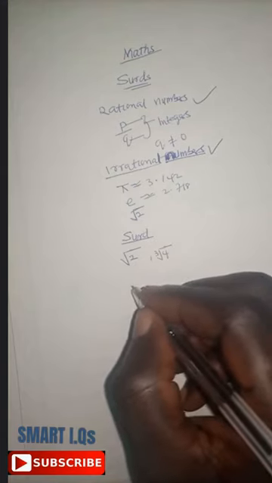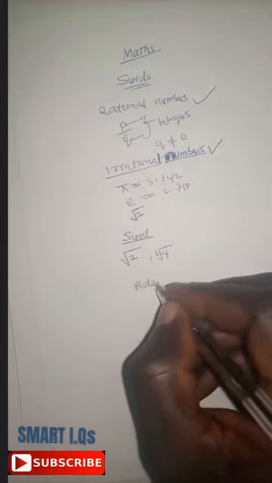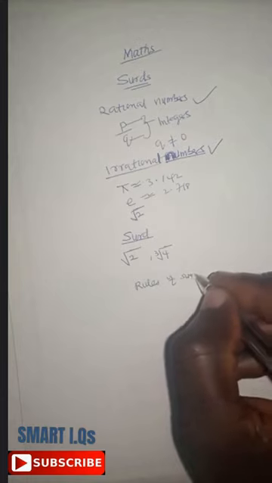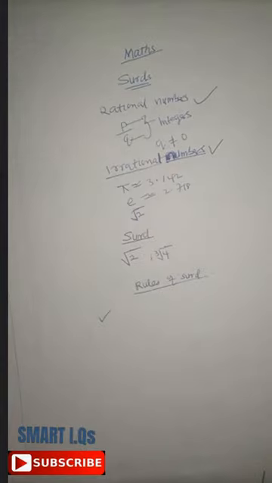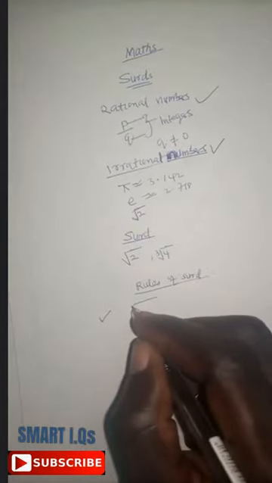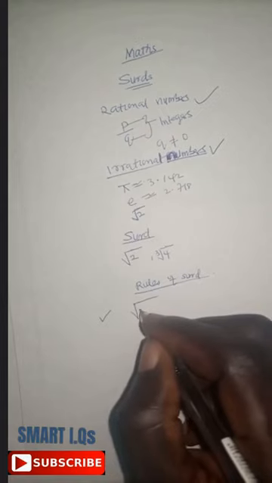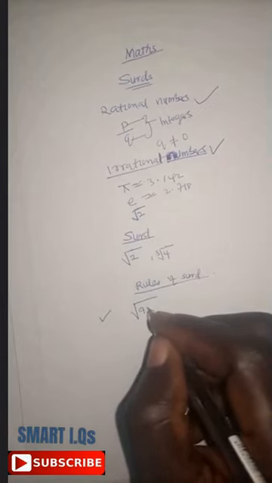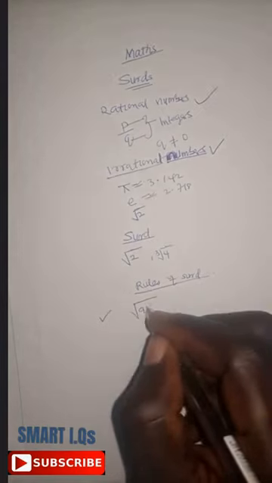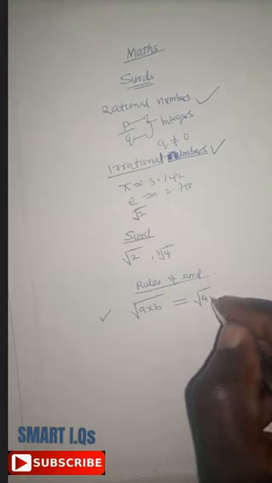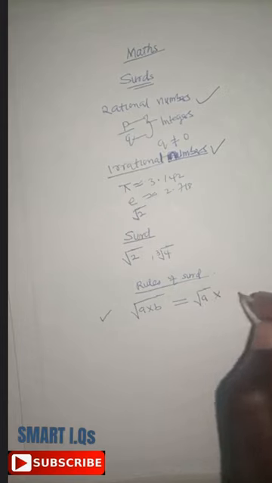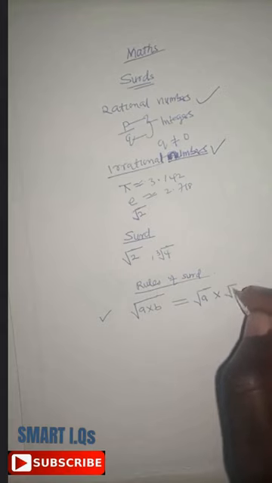So we have some basic rules as far as surds are concerned. Let's talk about some of these rules. The first one is the multiplication rule: the square root of A multiplied by B will be expressed as the square root of A multiplied by the square root of B. So I've separated the two of them.